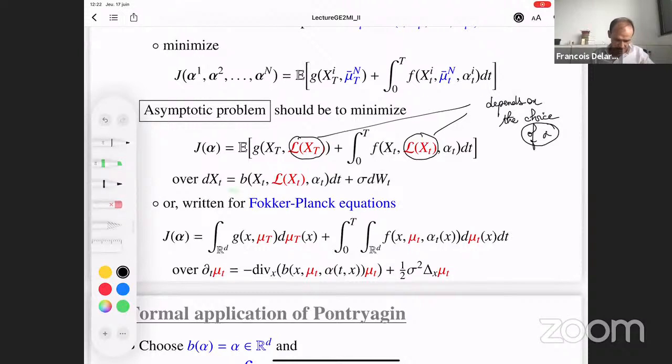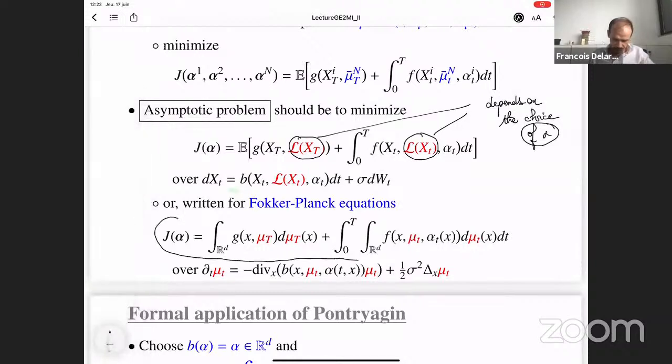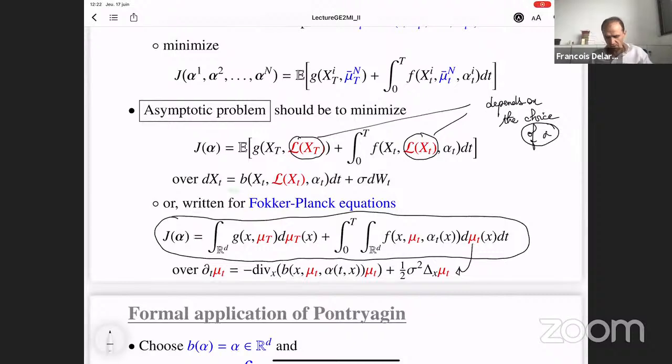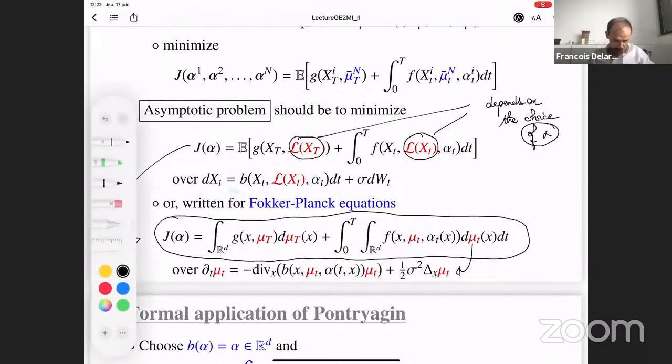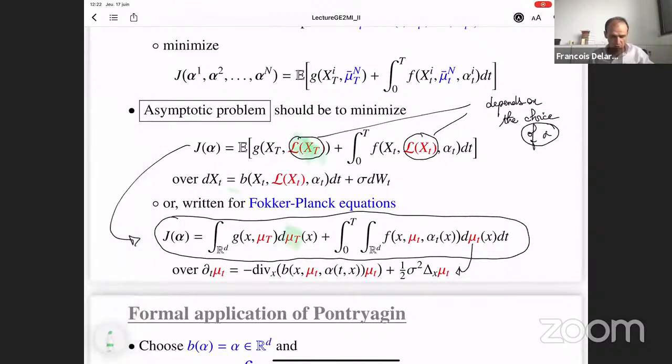So this is exactly the reformulation here of the cost functional, but now the state variable is the solution of this Fokker-Planck equation that is obtained by computing the marginal law of my reference player. The way you pass from here to here is just using the fact that the mu t that you have here has to be the law of xt.